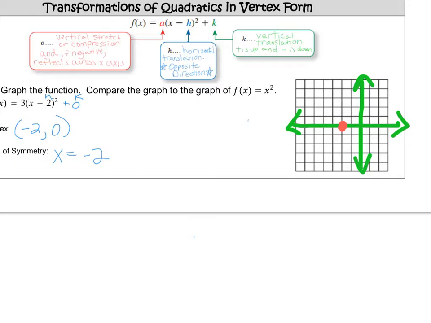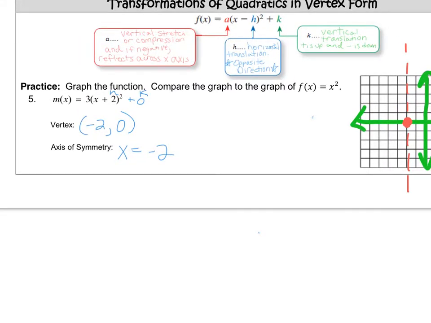So now we need to find a point. So let's draw our axis of symmetry. And all I need to do really is to pick one point. I could make a table and put a couple of points in here, or just even one point and use my axis of symmetry. So let's just work on getting us one point on here.